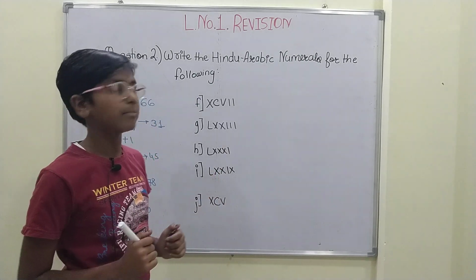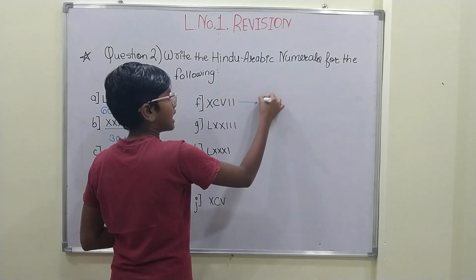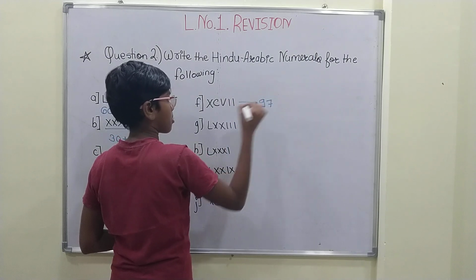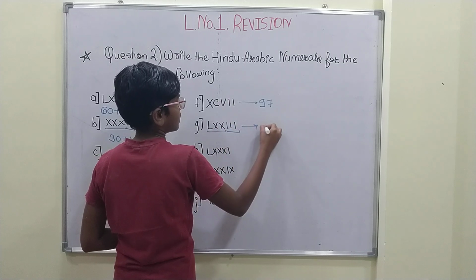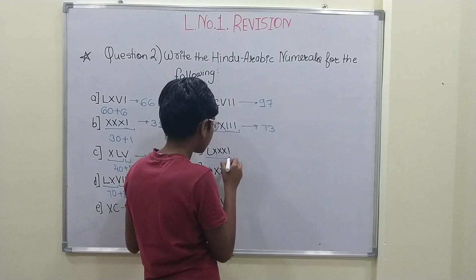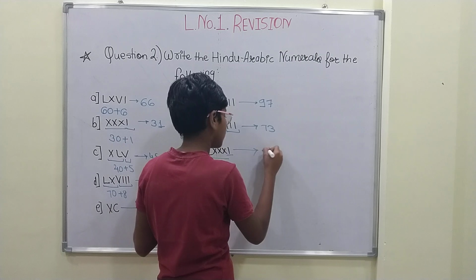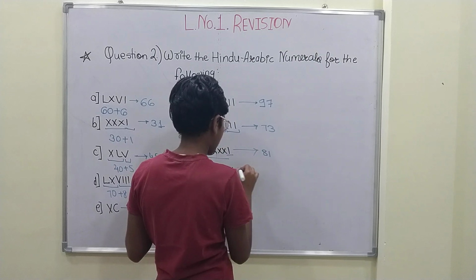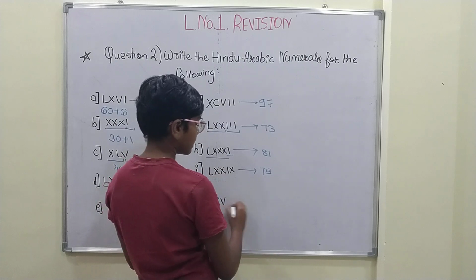XCVII means 97. LXXIII means 73. 81. 79. And XCV means 95.